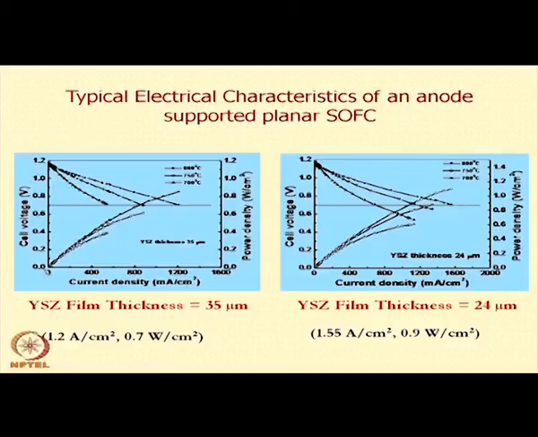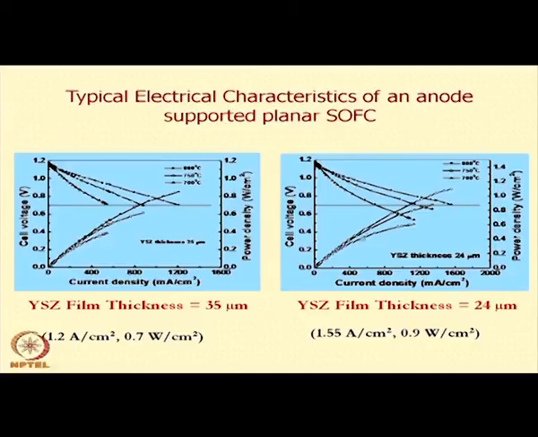These are the voltages across the single cells, of course, these are all single cells. So, as you increase the current density, the load is increased, more and more current gets drawn, and the voltage comes down. So, normally at 0.7 volt, whatever the current density we get. At open circuit voltage, the current is low and the voltage is high obviously, and as more and more current is drawn, the voltage comes down.